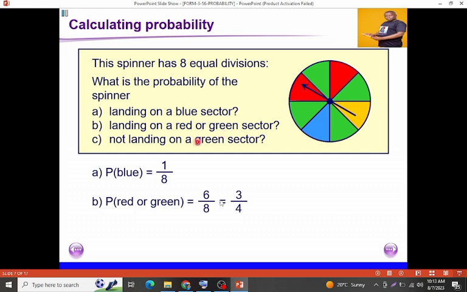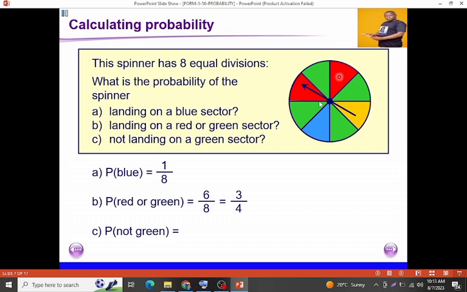What about the probability that the spinner does not land on a green sector? So here you have 4 greens. Alright. So what is the probability that it is not green? To do that, remember that the total probability is 1.